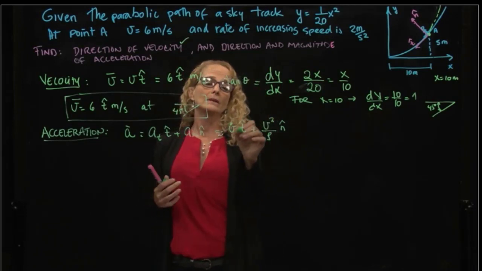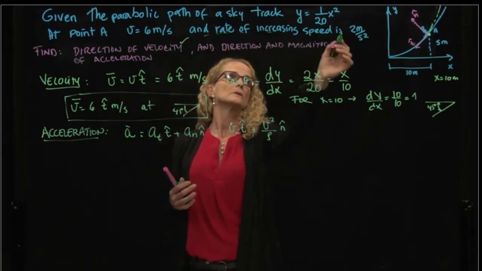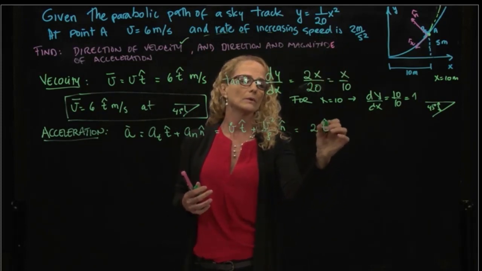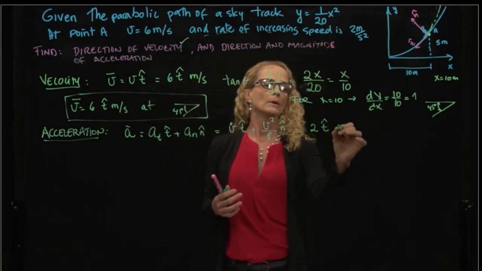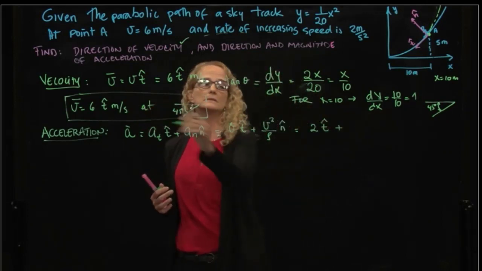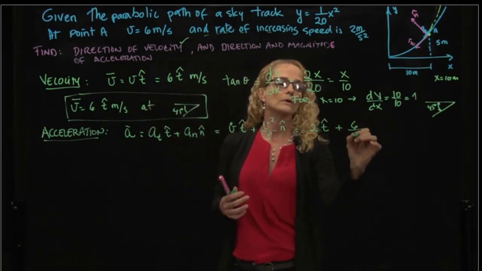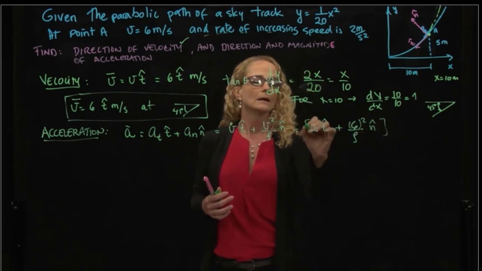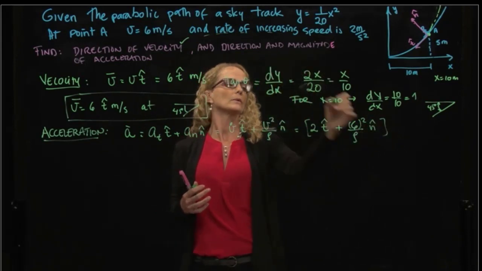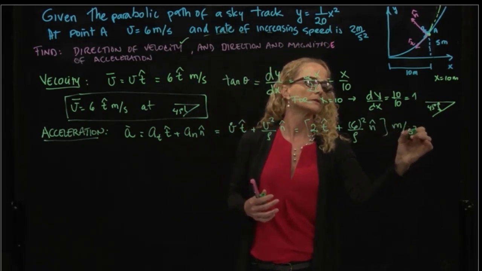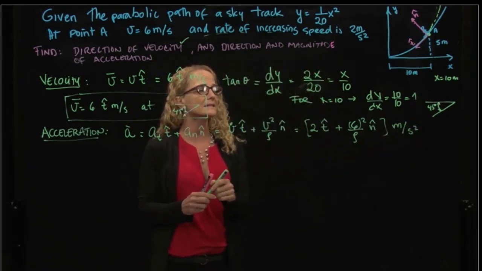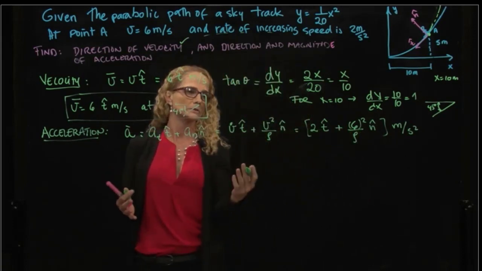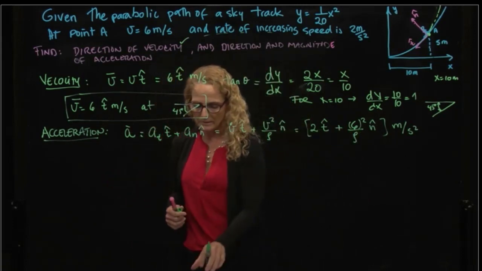So what are we missing in this equation? And we have to write our units, meters per second squared. The only thing we are missing is the radius of curvature to be able to find our acceleration.